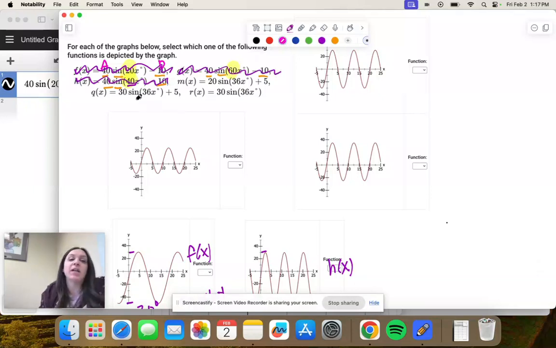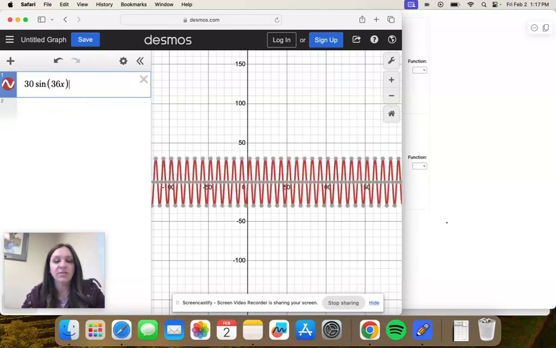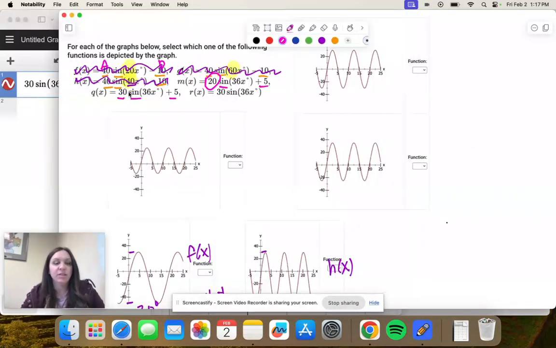And now I'm going to look at my next one. I have 30 sine period plus 5. And that's the only one I have of that. This one I still have the sine and plus 5, but the difference is the amplitude. Okay, so 30 sine of 36x plus 5. I think that's what it was.